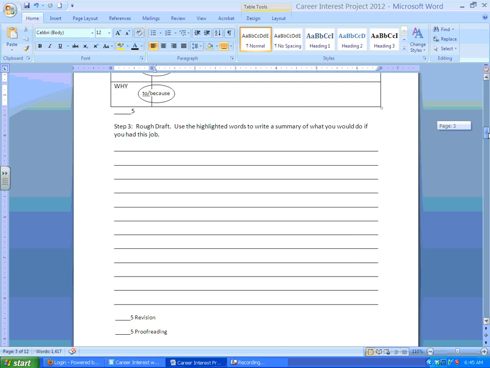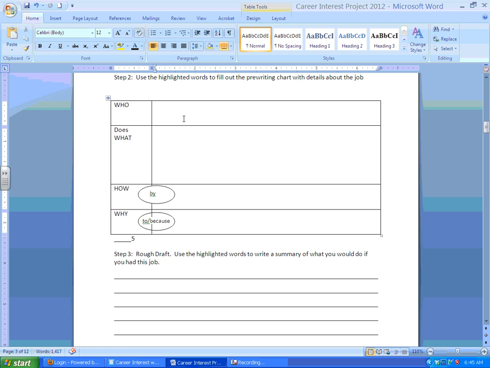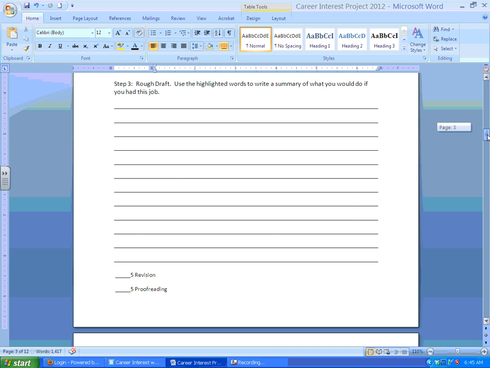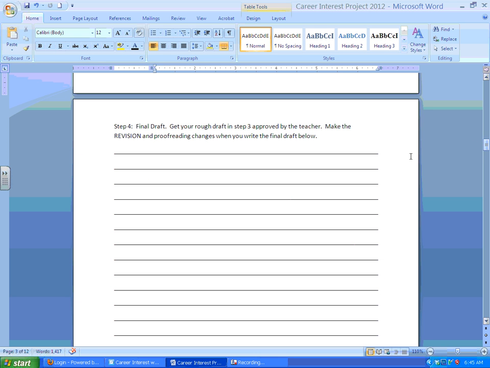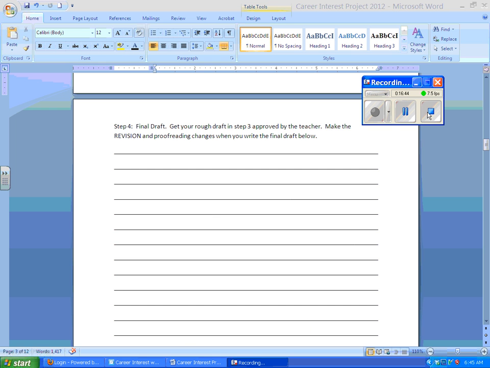Then you're going to take that and write your rough draft of your summary. Who does what, how, and why. Then you're going to let me see that, and once you get approval, then you write your summary in its final draft right here. Hope that helps, and good luck.